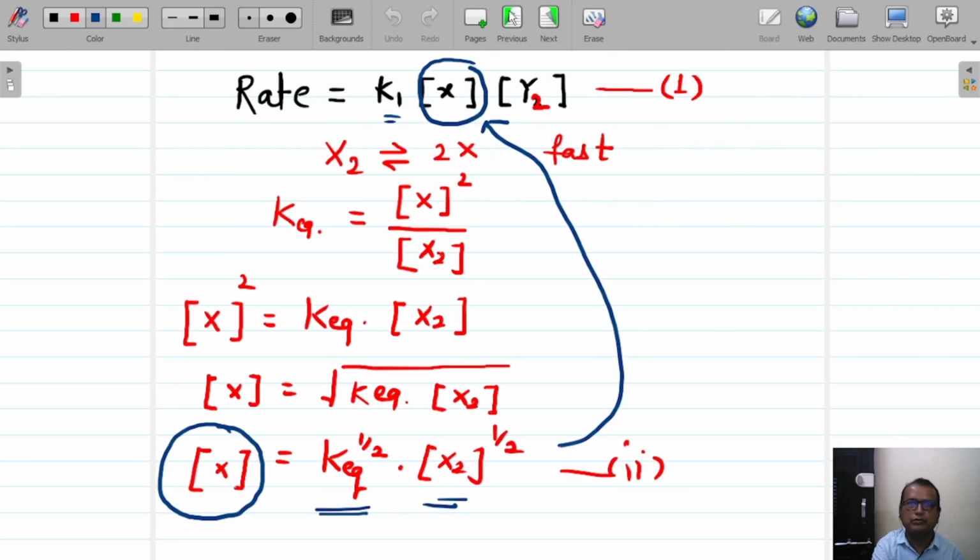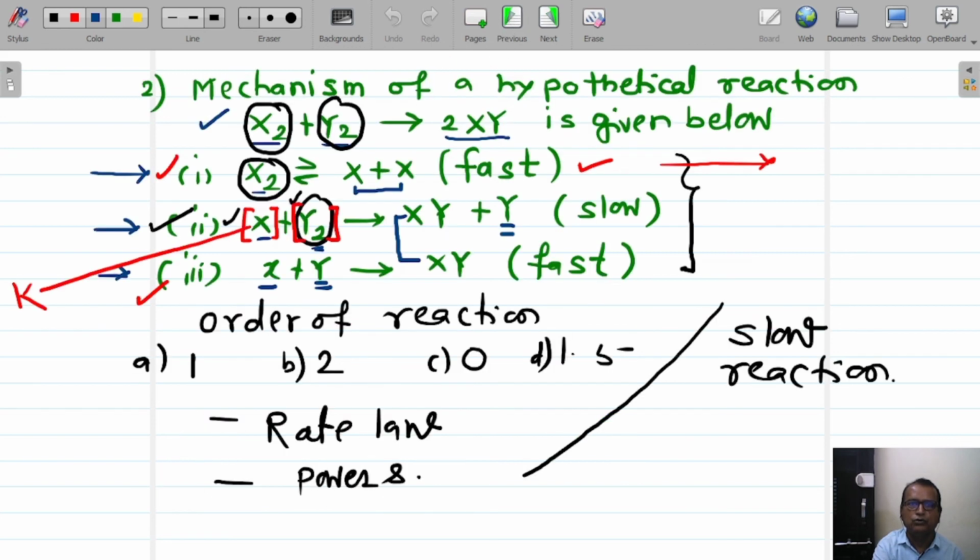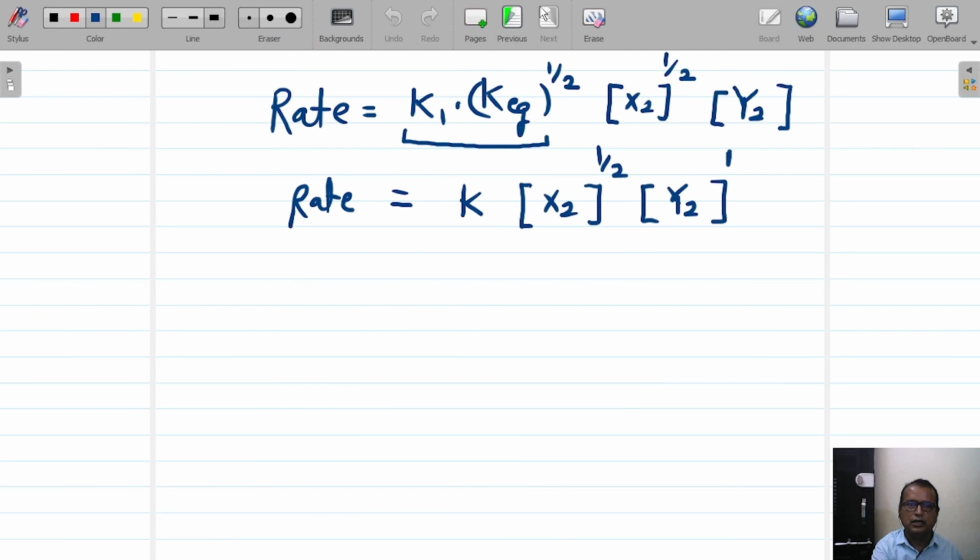Selected slow reaction means this slow reaction which is to be selected; X2 and Y2 are the reactants of our main reaction, and the rate law is to be modified for our main equation.